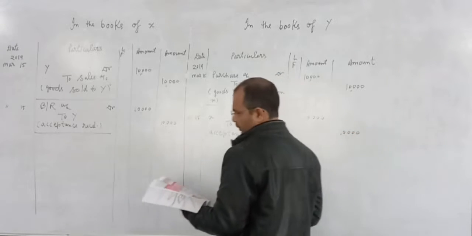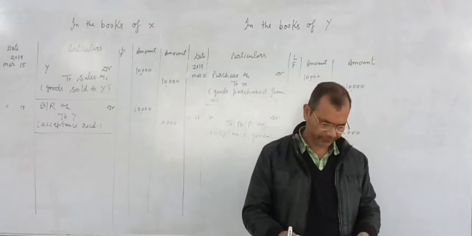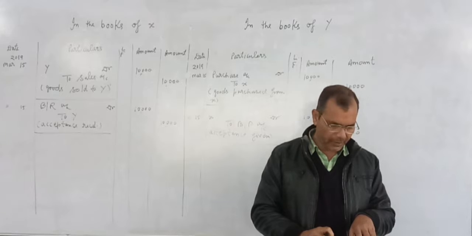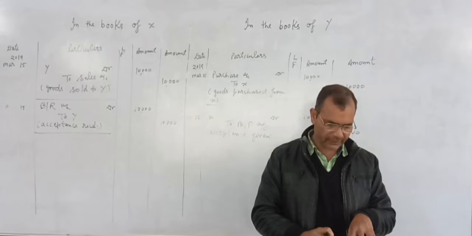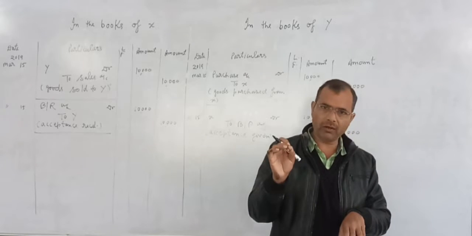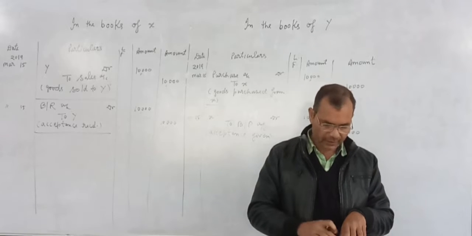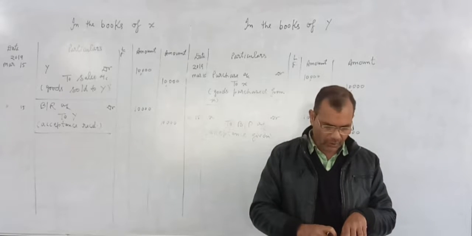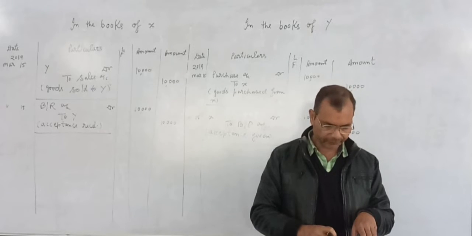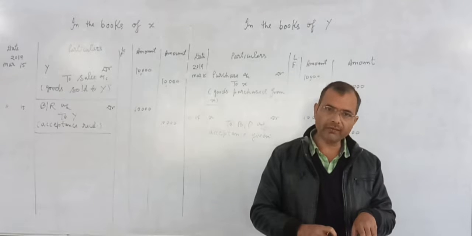Now we will read the question. What is the difference between the question of yesterday and today? Y accepted a bill drawn upon him by X at 4 months of rupees 10,000. X discounted it. From this point the question becomes different. X discounted the bill on 15th April 2019 at the rate of 18%.